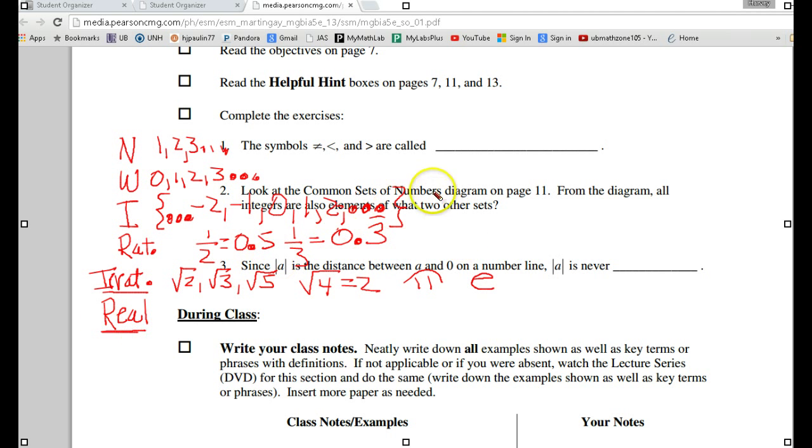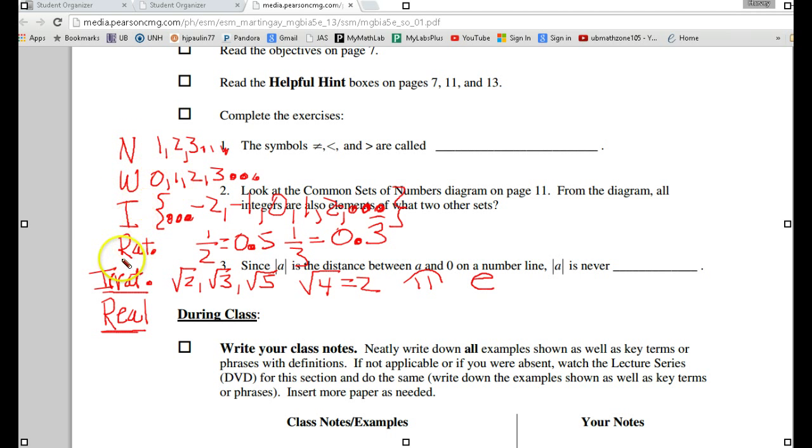So the background in answering number 2 here, where they want you to think about it, where they have these sets in your diagram on page 11, they're saying integers belong to what other 2 sets? Well, they don't belong to natural numbers. They don't belong to whole numbers.